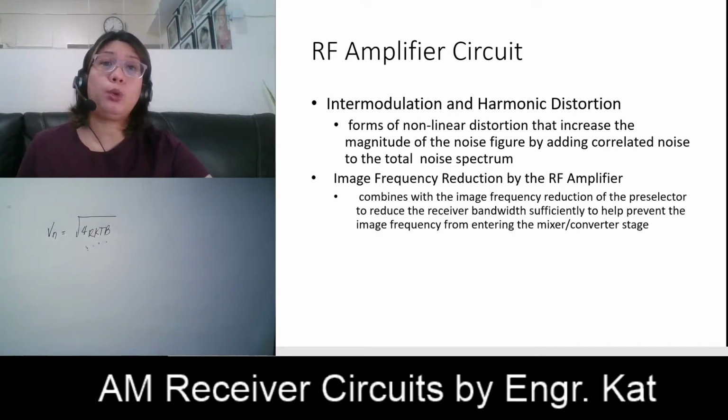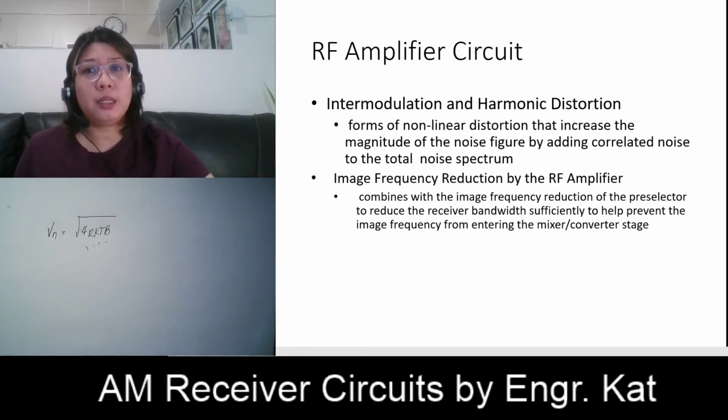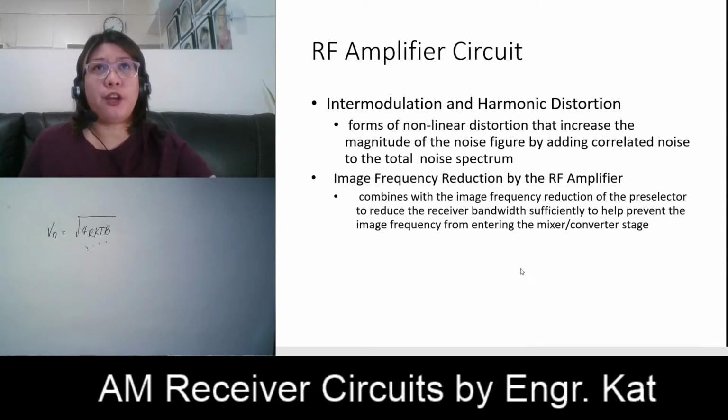So how are we going to solve these problems, or if not eliminate them, at least reduce them? By operating your amplifier in its linear region.